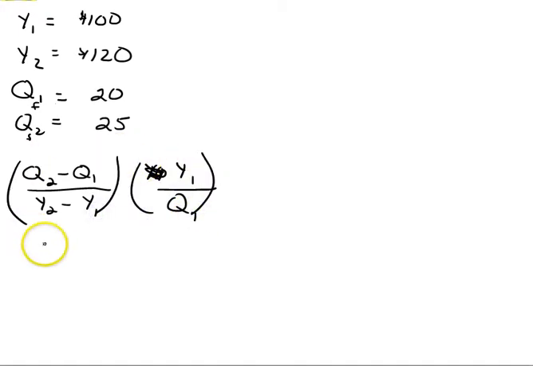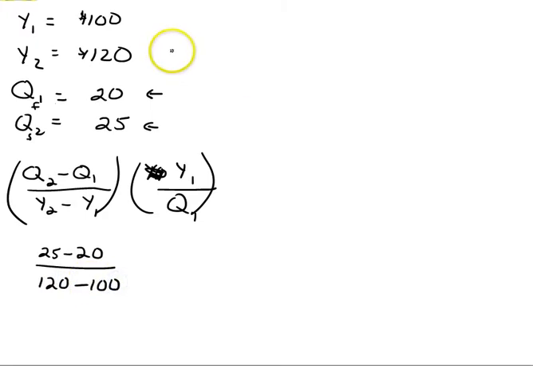So we have 25 minus 20, or the new quantity 2 minus the original quantity 1, over the difference in income, the new income minus the old income, and a point elasticity at the original income and quantity.